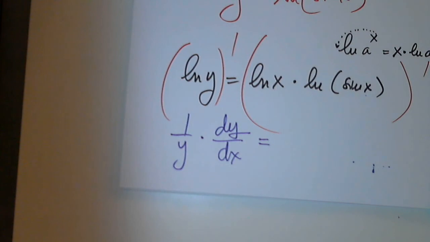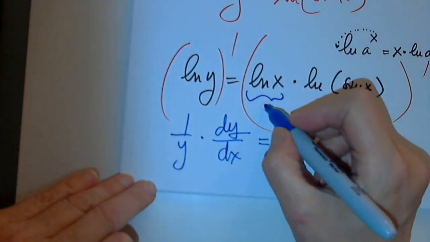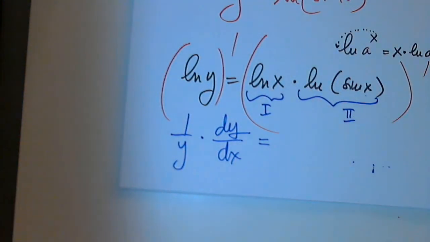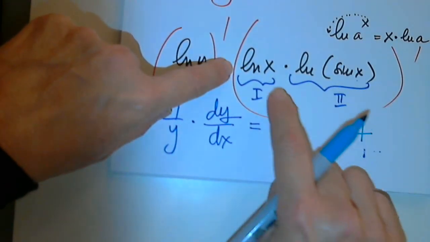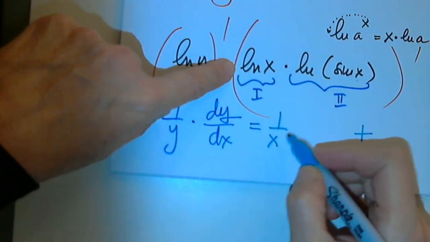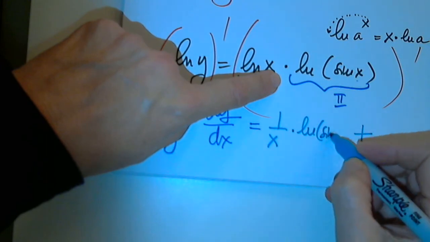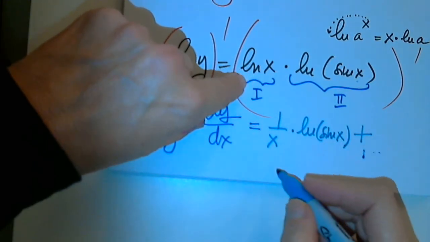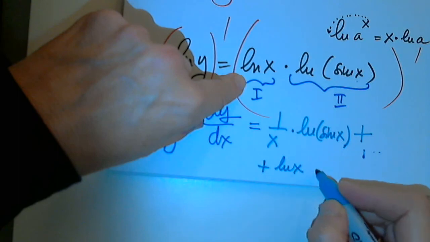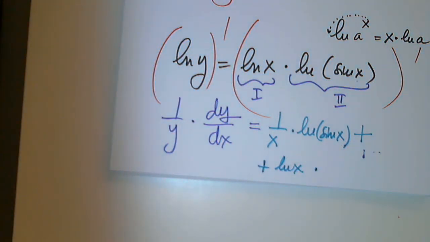Okay, on the other side now, we have to notice that this is the product rule, because we have a function which is natural log x multiplied by another function which is natural log of sine x. The product rule always requires us to write a sum of 2 terms. I differentiate the first function. What do I get? Perfect. Times the second function, leave it alone. Plus the first function, natural log x, but now I have to differentiate the second function.